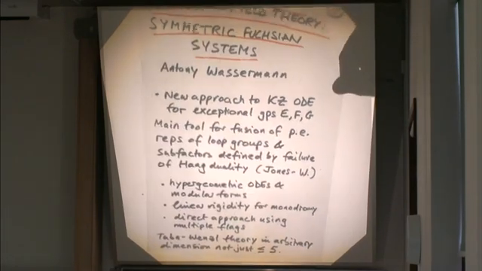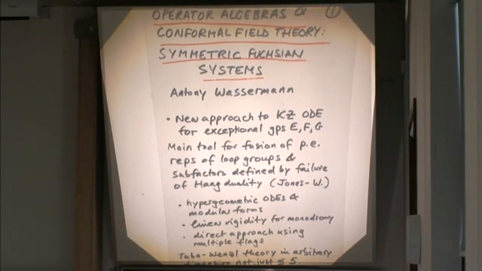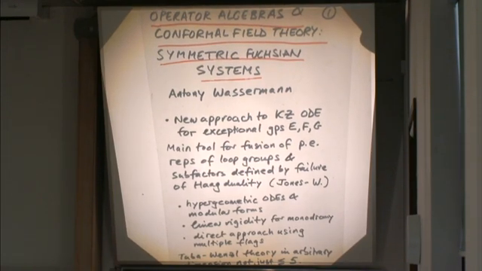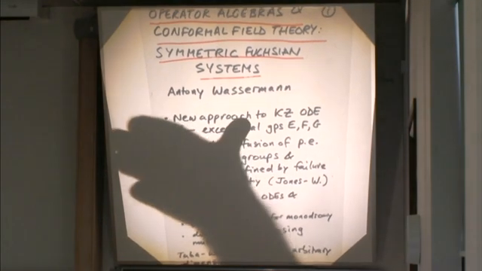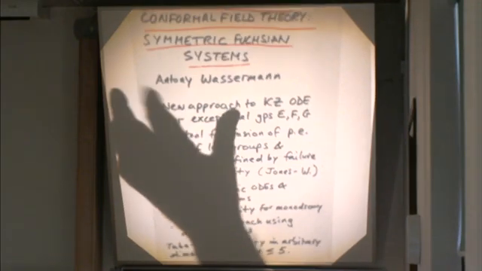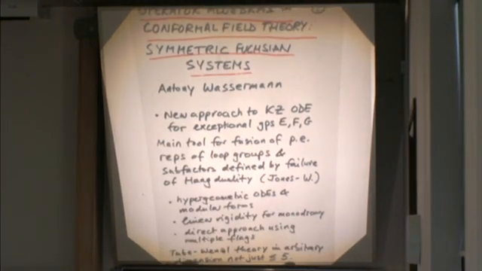So what I'm going to talk about is operator algebras and conformal field theory with a number after it, which is probably a Greek letter by now, or E, F, G. And the main idea will be to have a way of solving one of the central equations in the theory, which is called the Knizhnik-Zamolodchikov equation.